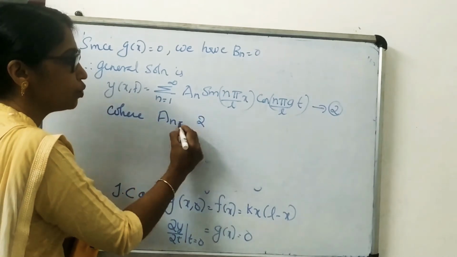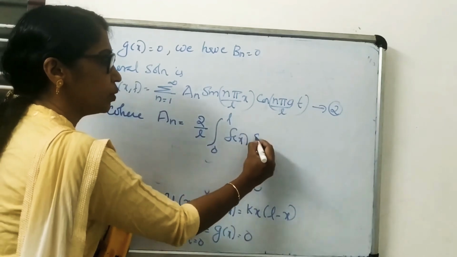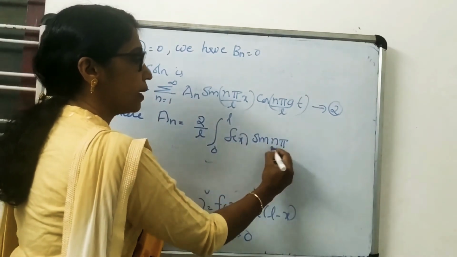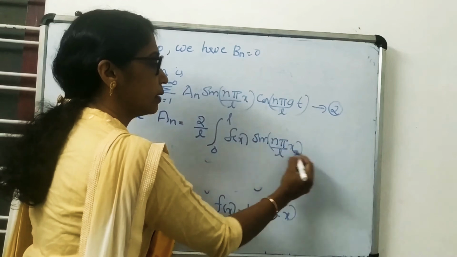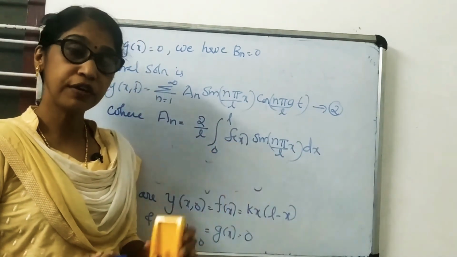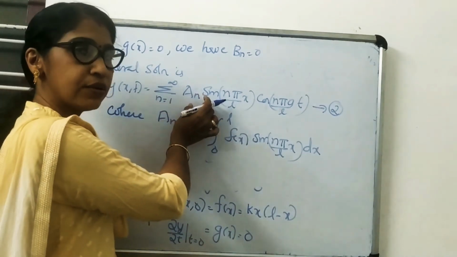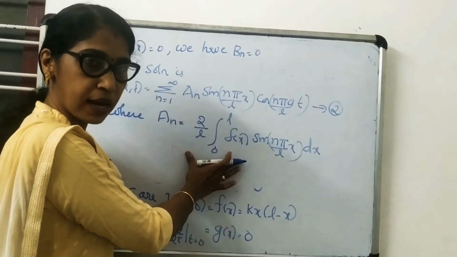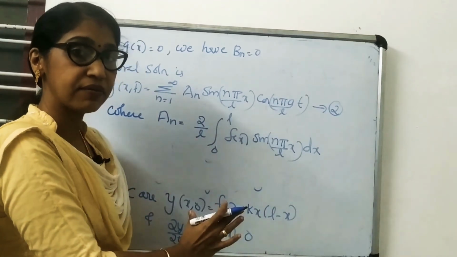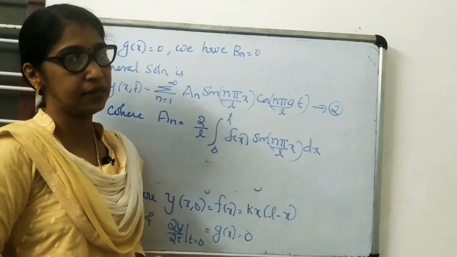An is 2 by L integral 0 to L f of x into sin n pi by L x dx. So this is the formula for an. If polynomial functions are given, we find an using this formula, and if trigonometric functions are given, then we find the Fourier coefficients by the method of comparison.